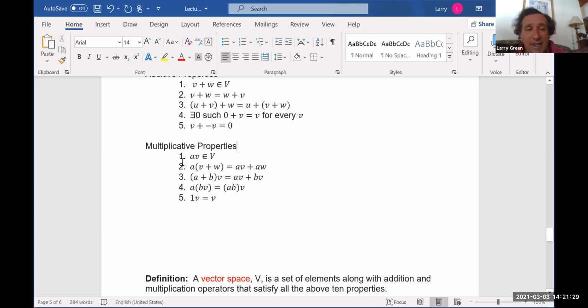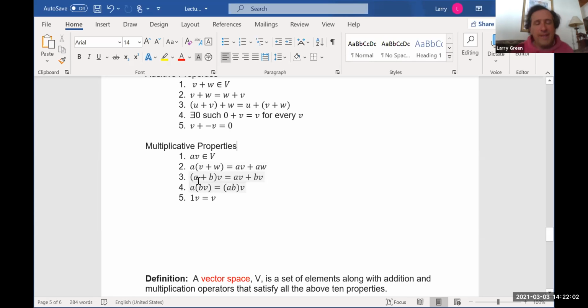So if you take a number and you multiply that number times a matrix, you're still a matrix. If you take a number and you multiply that number times a number, you're still a number. Is that clear? Number 2 is a distributive property. So if you take a number times V plus W, you have AV plus AW. If V and W are matrices, then that works. If V and W are numbers, that works. Do y'all agree?